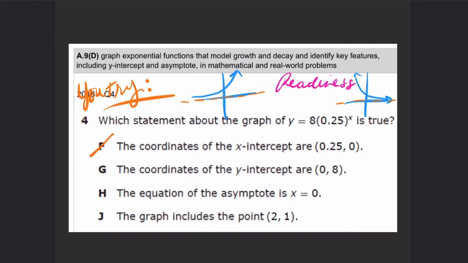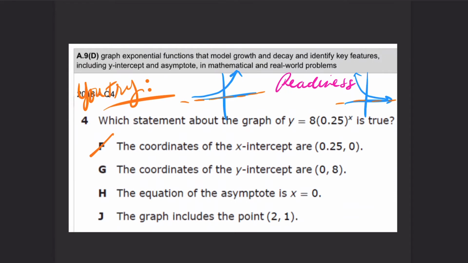It will not have an x-intercept if it does not have a transformation, because remember, if you add a -1, it will shift your graph down 1 unit and that will cross the x-axis. But since it doesn't have a transformation, it will look something like this because it is exponential decay, because the 0.25 is a decay factor and it's less than 1.